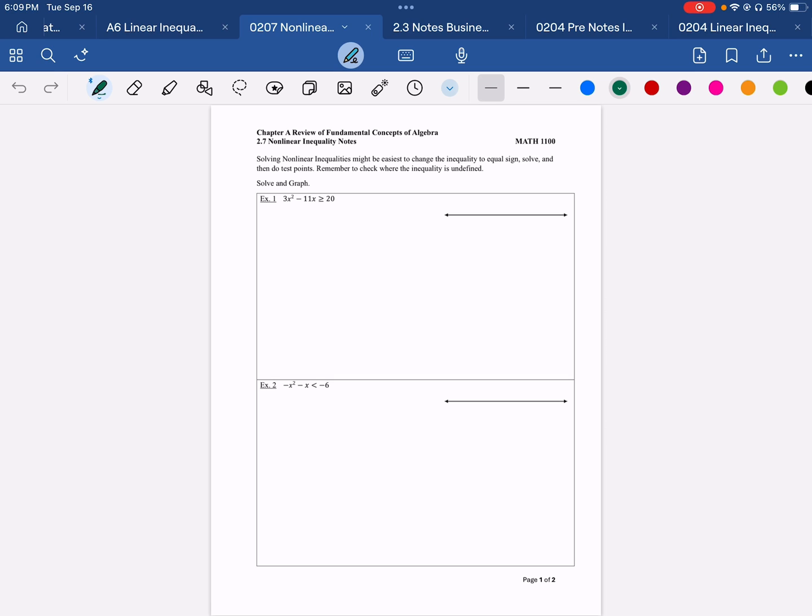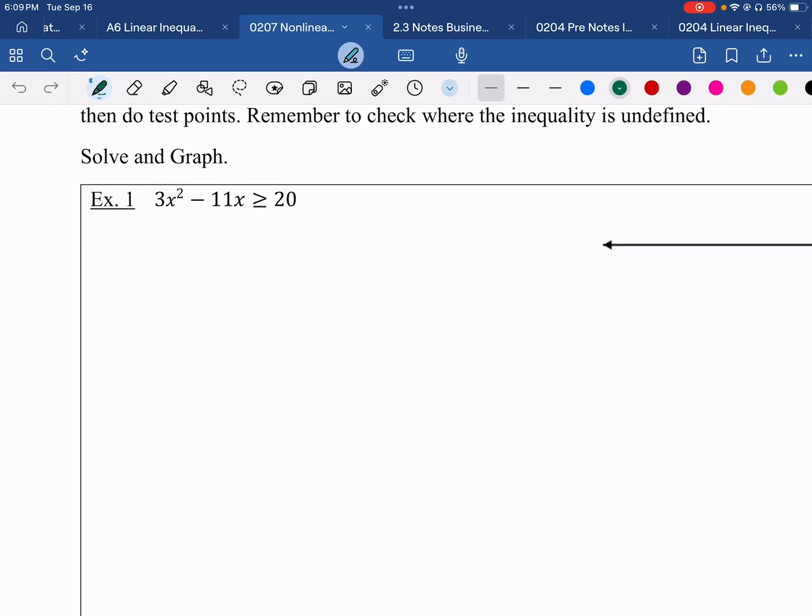So the first one, we're just going to change it to an equal sign and make it 3x squared minus 11x equals 20. We're going to subtract 20: 3x squared minus 11x minus 20 equals 0.